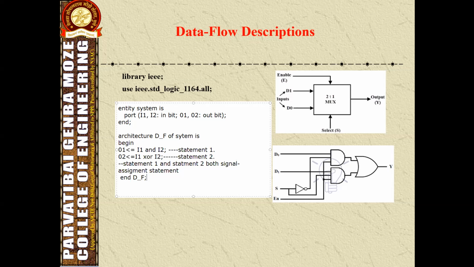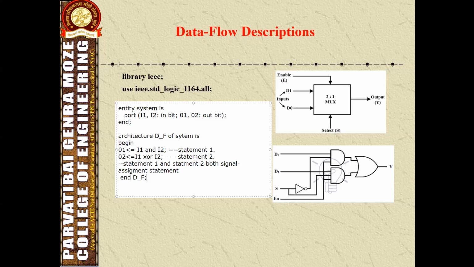See here, the output O1 is assigned the value or result, whatever it may be, at the output port by the operation on the input ports. Here I1 and I2 are the input ports. So, what operation will be performed here?